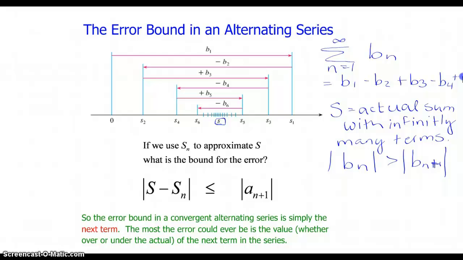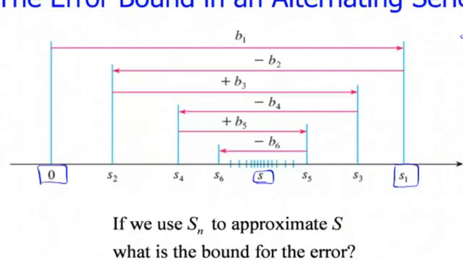If we follow the work that they've done, they start at 0, there is no sum, and then the first partial sum, S sub 1, contains the first term, b sub 1. So it's a distance of b sub 1 from 0. Then from S sub 1, they come back, because b sub 2 is a negative value, and that gets us to our second partial sum, which is b sub 1 minus b sub 2.